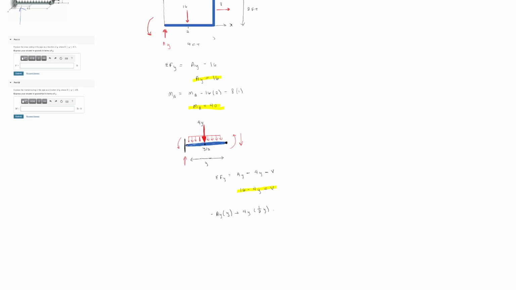Then your moment, and we already know that the moment is going to be positive because it's counterclockwise, which is this moment right here. Okay. Plus the other moment, which is going to be your M.